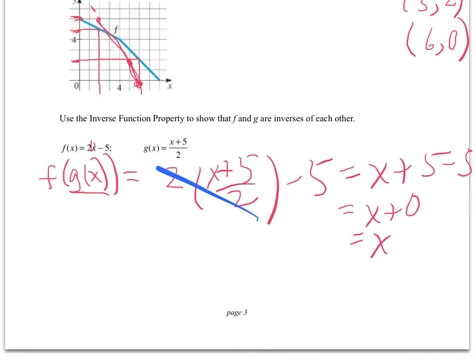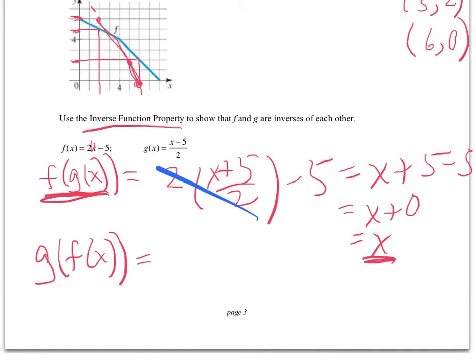So we've shown the first part of the inverse function property. We've shown that f of g of x is equal to x. So now we have to look at g of f of x. And so that is, go and put f of x into g. So here I see the variable, so I have to write 2x minus 5 plus 5 over 2.